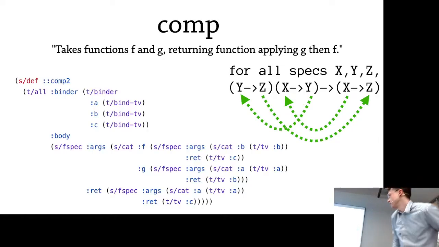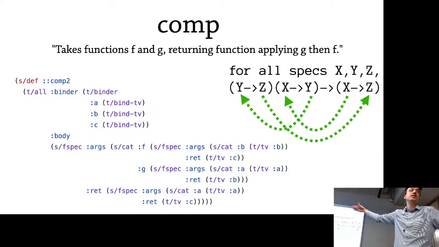Okay. So this binder that's binding A, B, and C, this bind TV is basically saying I can generate any spec and assign it to A. And you can give an upper bound or a lower bound there and say it's a string.